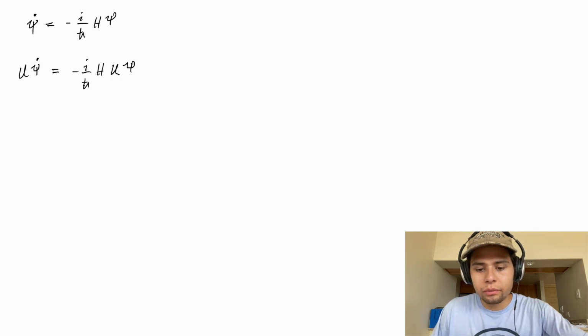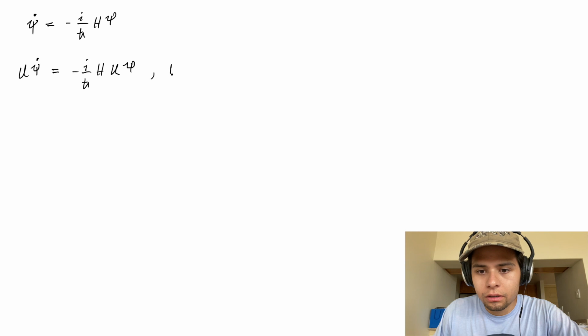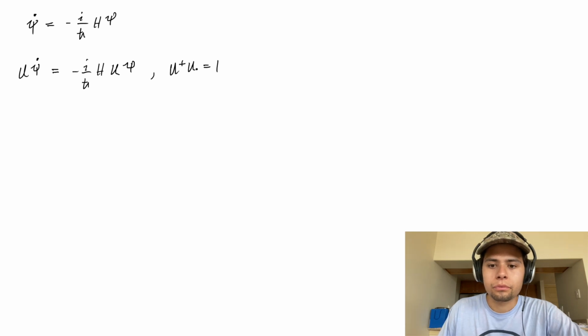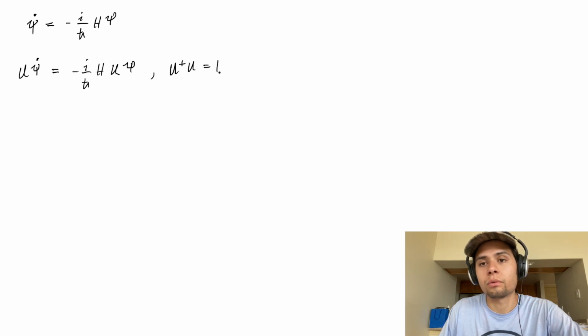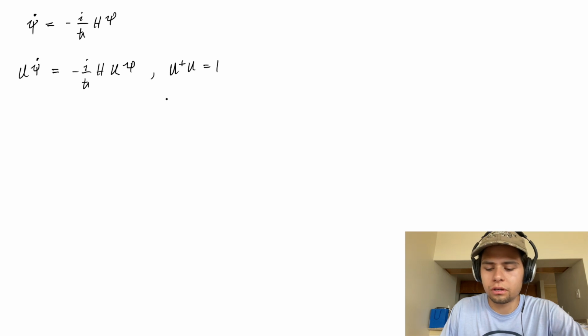Okay, so one thing we want to note now is that U dagger U is equal to 1. Okay? This is basically the statement that when we multiply this matrix by this matrix, we get 1. It's almost like an inner product between two matrices. You can think about it like that.